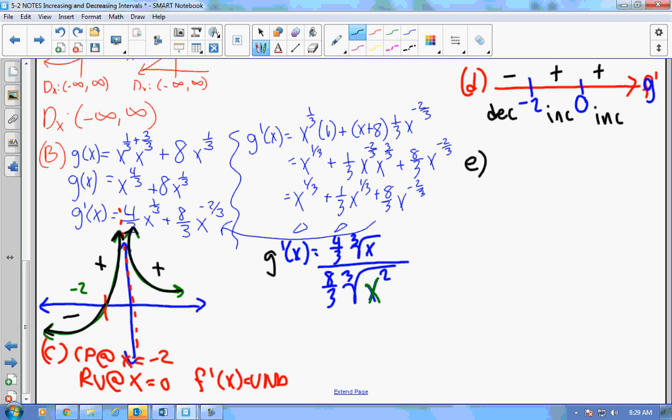So for part E, we're going to write our intervals of increasing and decreasing. So g of x is increasing on what interval? No, actually, it's not -2 to infinity. It's -2 to 0, union 0 to infinity.